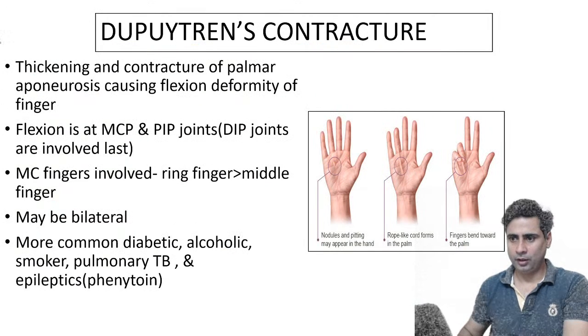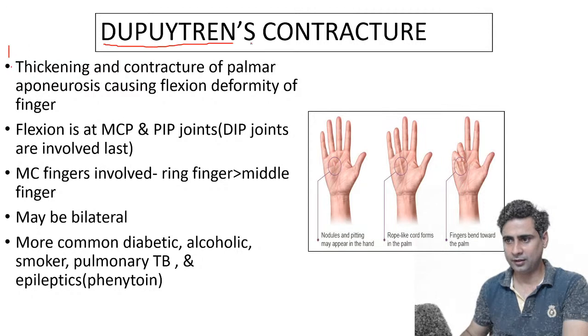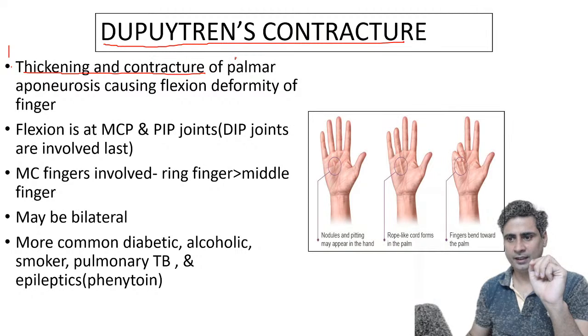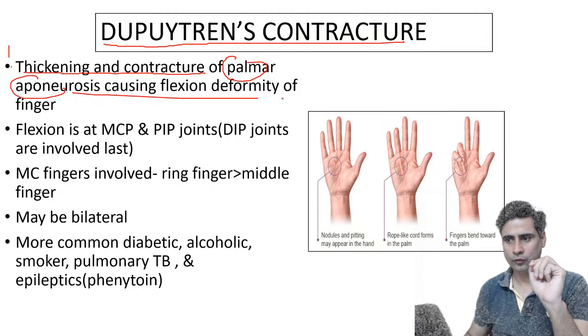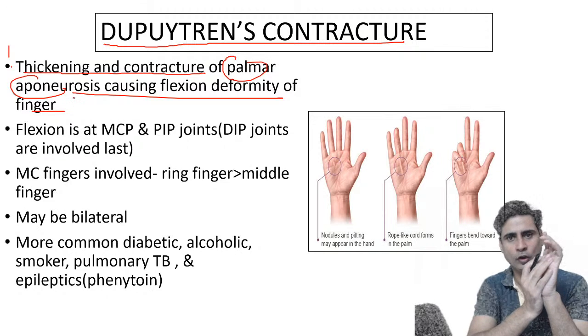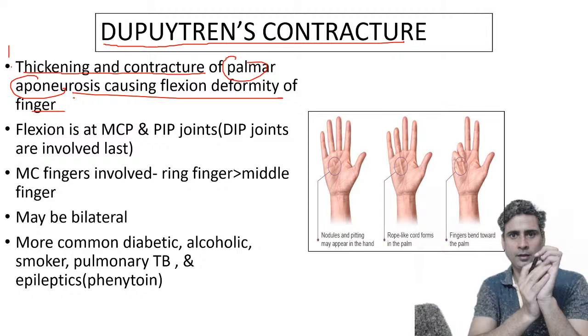The final disorder, a short topic which they ask in your exam, is Dupuytren's contracture. There is thickening and contracture of the specialized deep fascia, that is the palmar aponeurosis of the hand. This leads to flexion deformity of fingers.